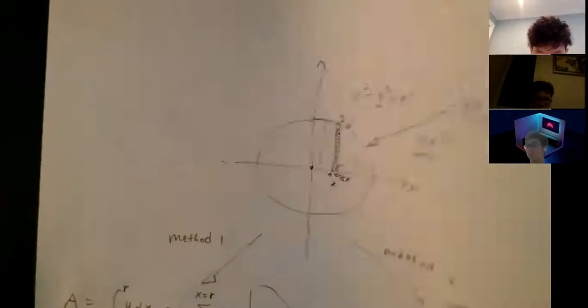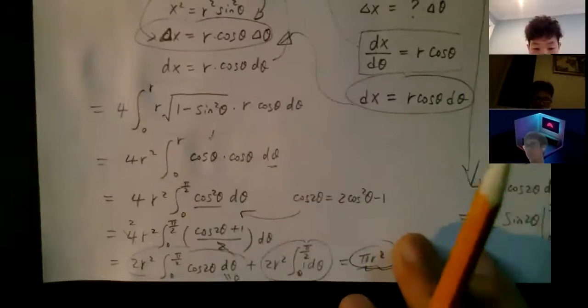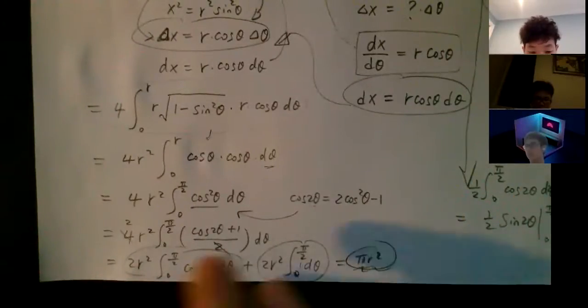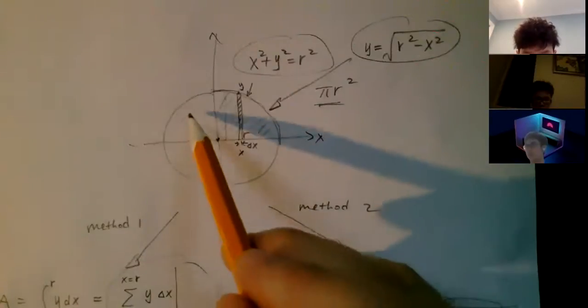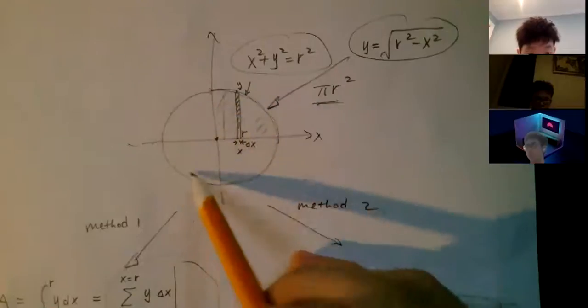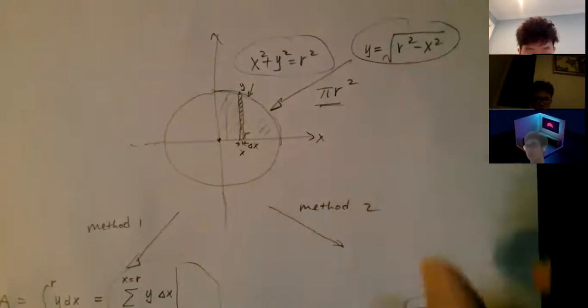So this one went through a pretty lengthy proof. I basically did a simple integral of a circle area, right? By using the integral.